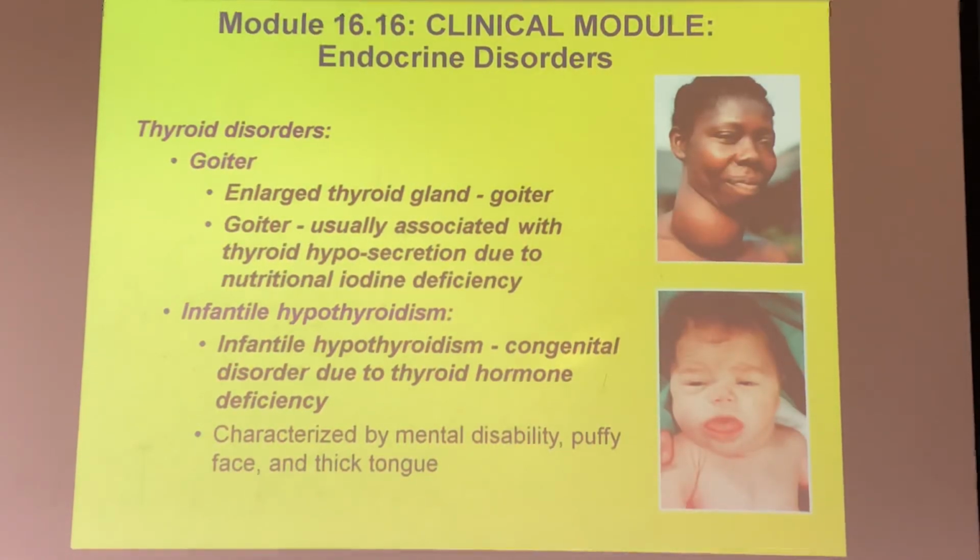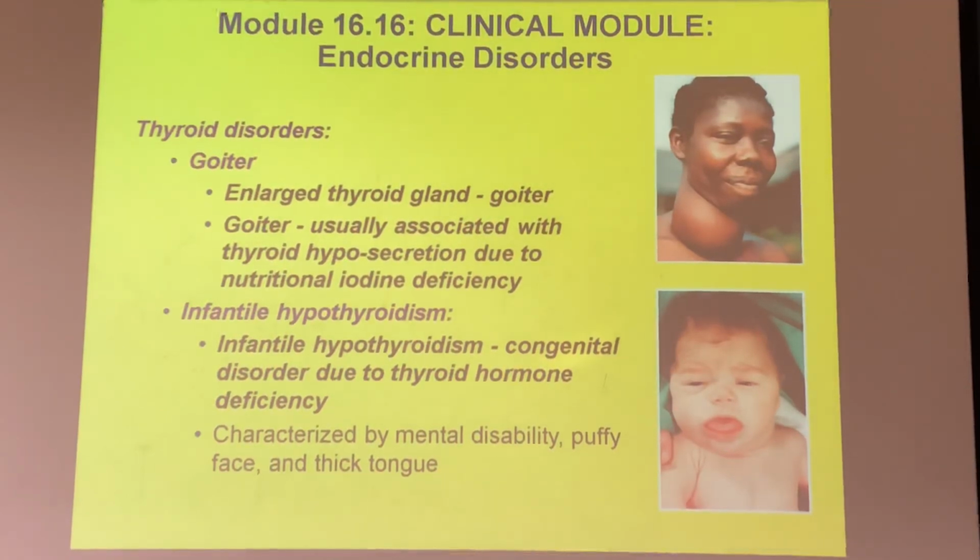The thyroid gland can cause a lot of problems. Goiter is one of those things which you can see here. This is basically associated with thyroid hyposecretion due to iodine deficiency. This is called infantile hypothyroidism because it happens in infants only.